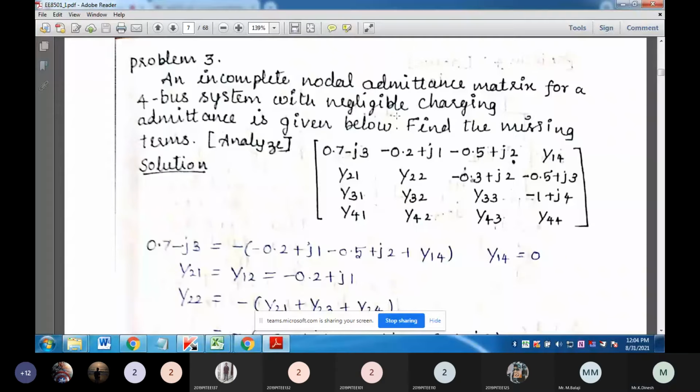In the first row, Y14 is missing. In the second row, two elements are missing, Y21 and Y22. In the third row, Y31, Y32, Y33. And in the fourth row, all the terms are missing. So totally 10 elements you are going to find out.